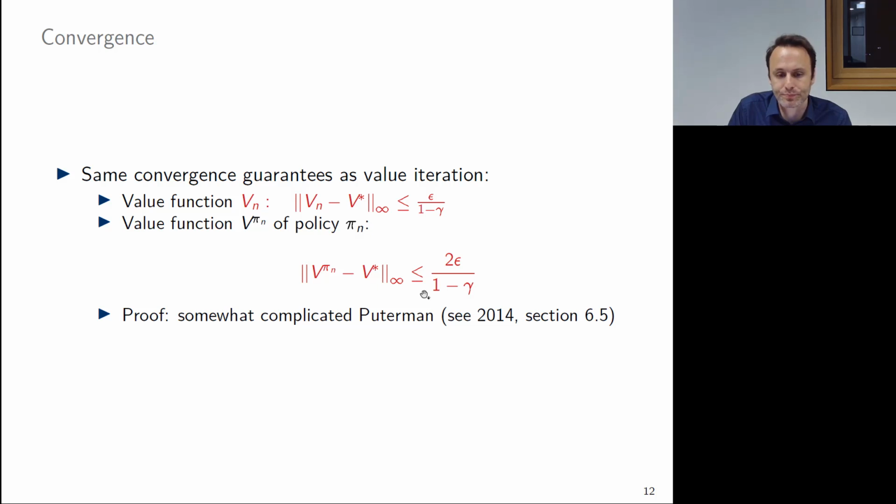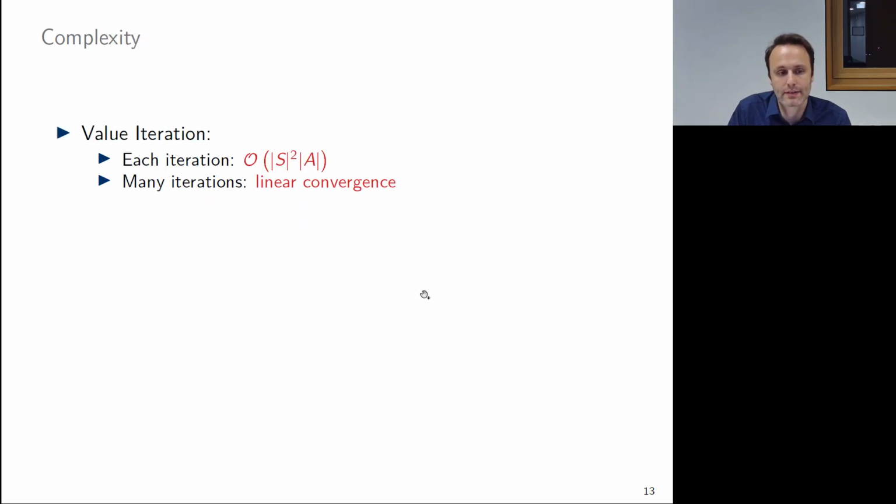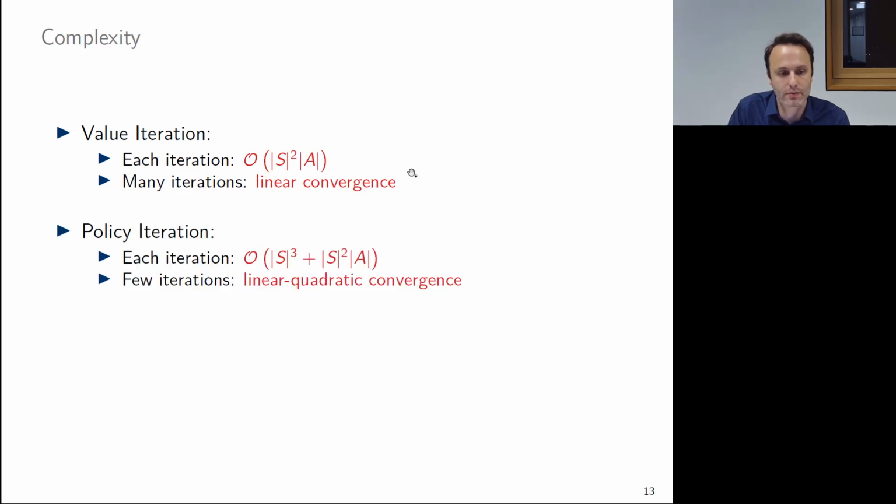And what we have seen now is that the complexity of value iteration is quadratic in the states times the actions. So here, lower complexity would be better. But the convergence is quite slow, so we have linear convergence here.